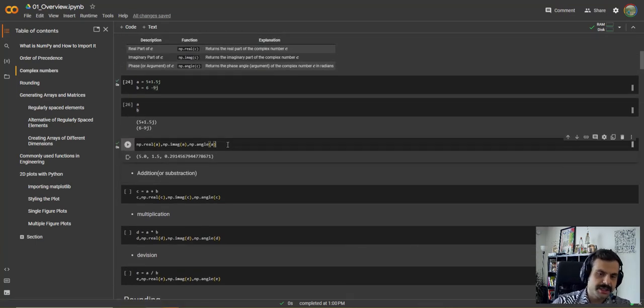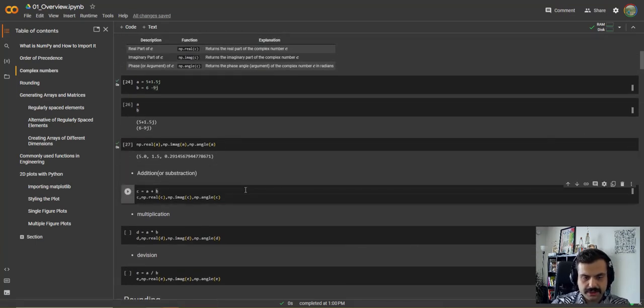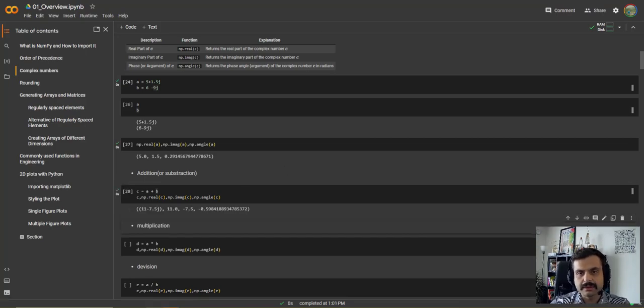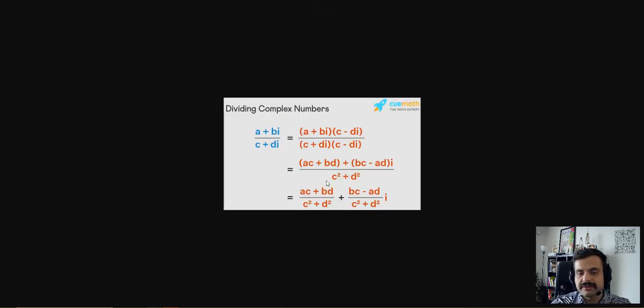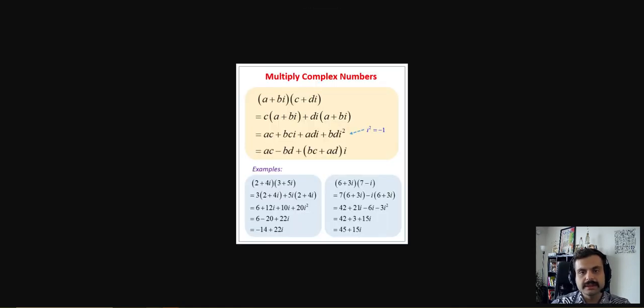Addition or subtraction are really easy when it comes to complex numbers, but if you might remember, or if you don't know, multiplication of complex numbers is a bit of work, AC minus BD, and division itself is a big one. An I is the old-fashioned way, IJ. MATLAB uses I as well, but Python uses J for the unit.